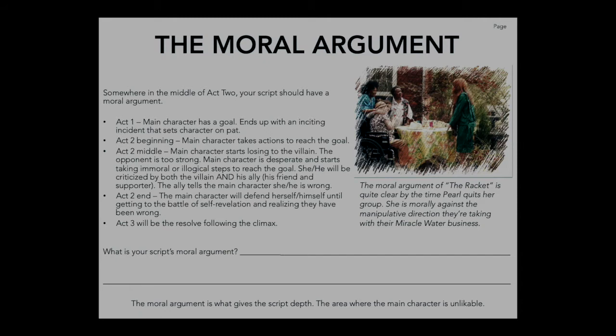In The Racket, the moral argument was quite clear by the time Pearl quit her group. This was the time when she was morally against the manipulative direction they were taking in their business, and she quit. And we, the audience, now know, okay, this movie is about how easy it is to manipulate people when you add in religiosity or spirituality.